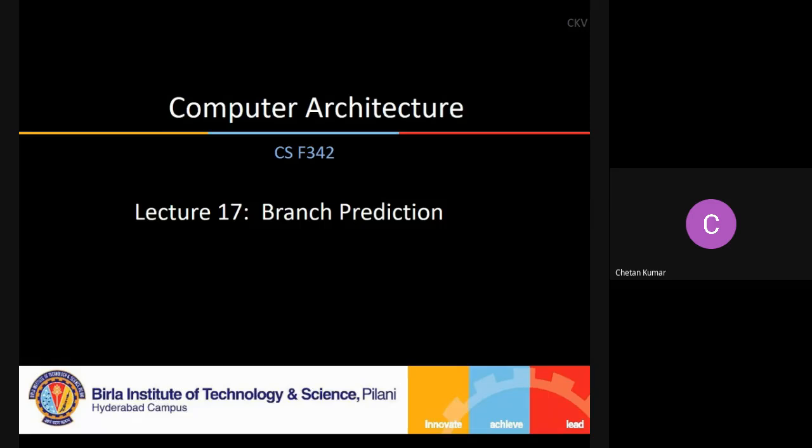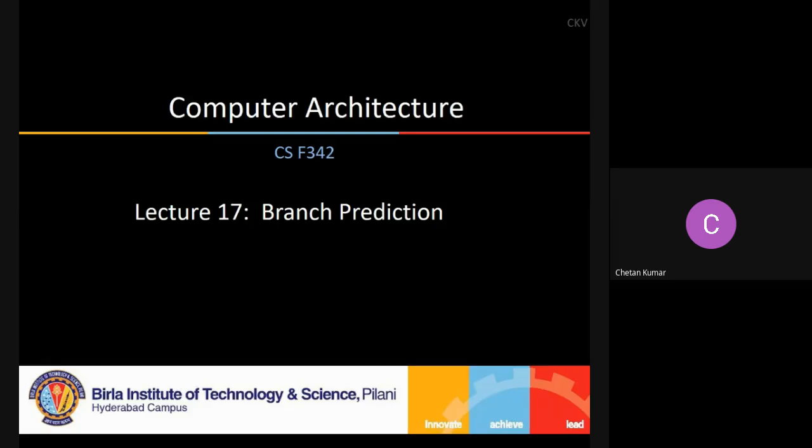Now, why is branch prediction used? What is the need for branch prediction? In the case of control hazards, you have seen in the last class that the execution might have some delays. The reason is the branch will be evaluated only at the end of the EX stage, and you might want to fetch the instruction much before that.